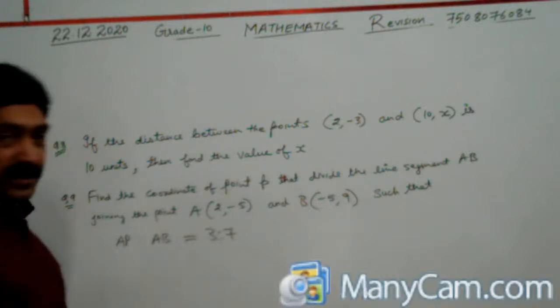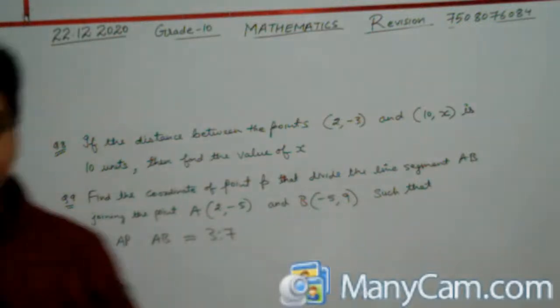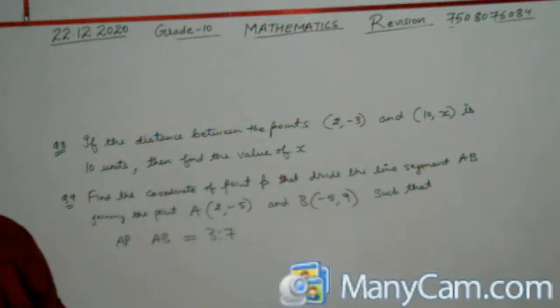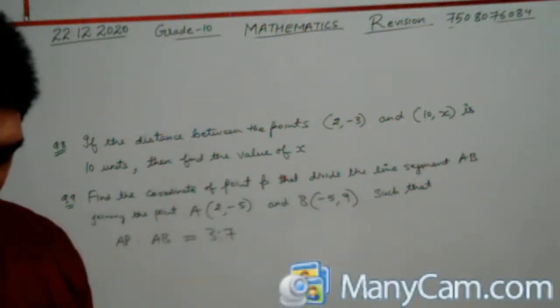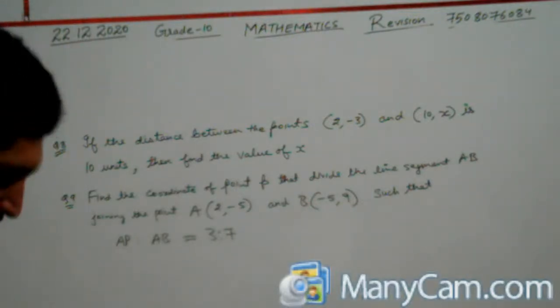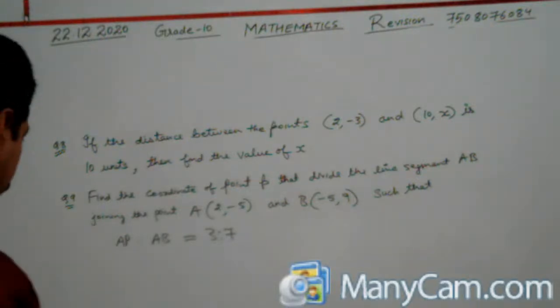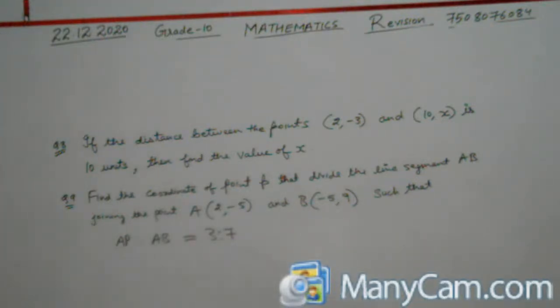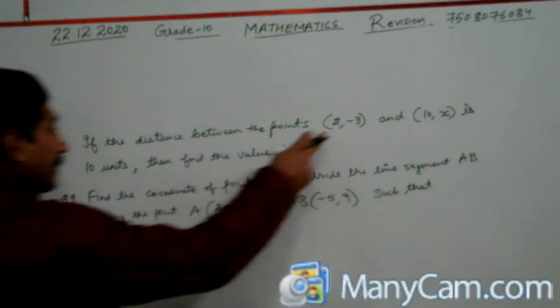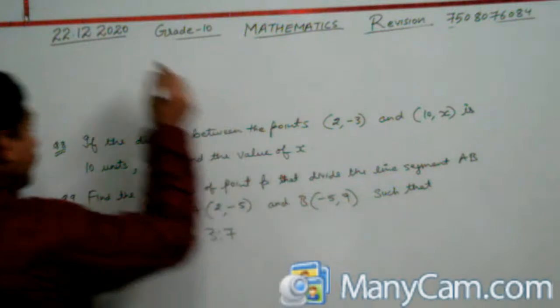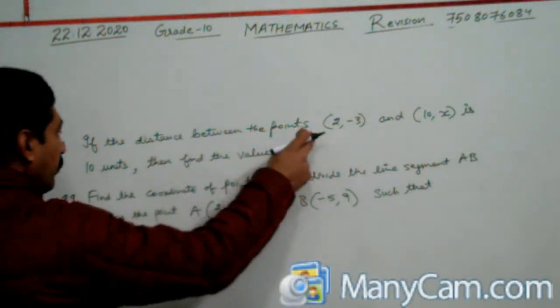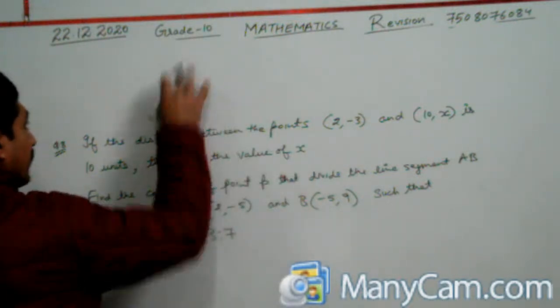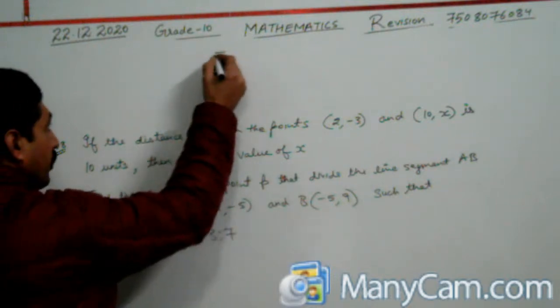Find the value of x. Next question. So here we can solve. In this question, when we apply the distance formula, with the points A and B, the distance between the points is 10 units.